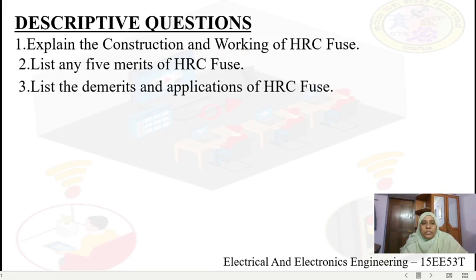Coming to the third descriptive question, list the demerits and applications of HRC fuses. You write the demerits as well as the applications we have listed. Out of these 3 questions, the first is the most commonly appearing question in the question paper. When you look at previous examination question papers, the first question has appeared almost all the times.